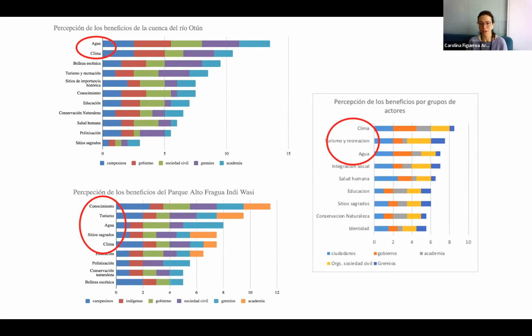And other values also came up, such as tourism, which was also mentioned by Cassandra, and sacred sites and scenic beauty, because we have indigenous people in many of our protected areas, or we used to have indigenous people in those places, and now there is this recognition of these sites as sacred, even though there are no indigenous people living there right now.